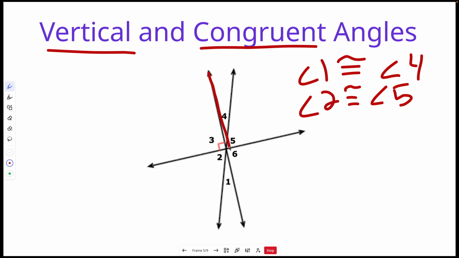Let's look at this X right here. And I see that angle 3 and angle 6, angle 3 is congruent to angle 6. Side note here, the red half box or half square that you see right here just means that this is a right angle, so it's 90 degrees.